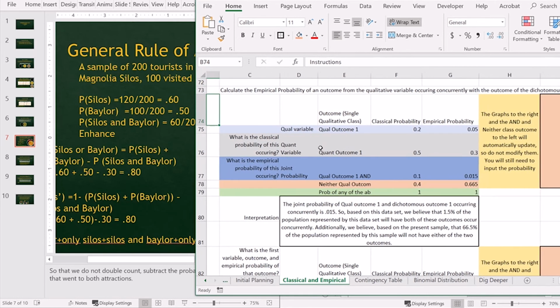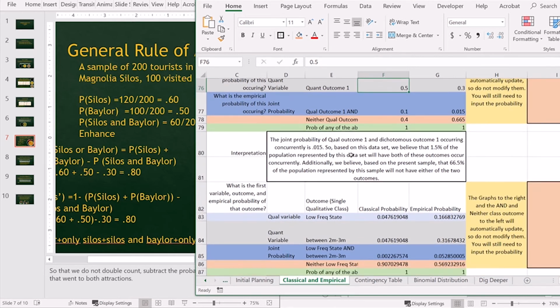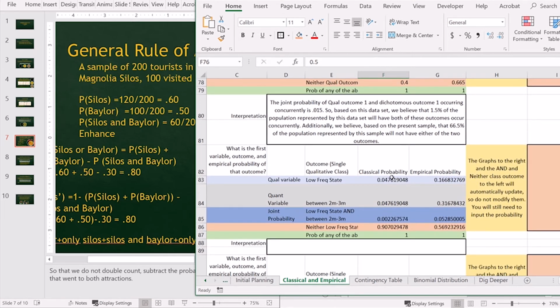And so when you come down here, you're going to see classical probability, so on and so forth. We're going to skip over this because that's just an example. You don't have all this? I don't have all of it either. Split into different sheets. If you go down to classical and empirical, ours says rules of addition.